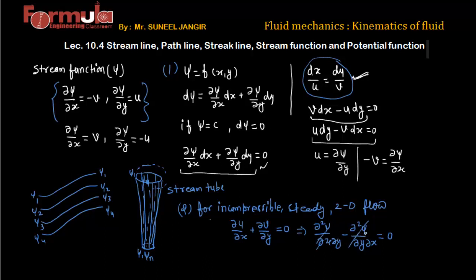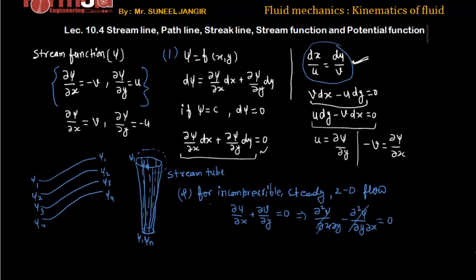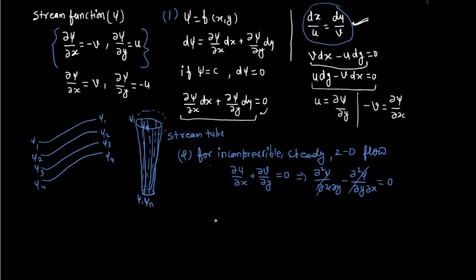Means the stream function will always satisfy the continuity equation. So from here we can conclude that if the stream function exists, then the flow will always exist and it will be continuous.